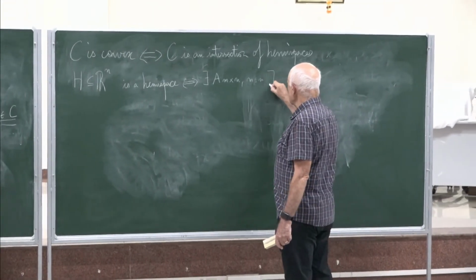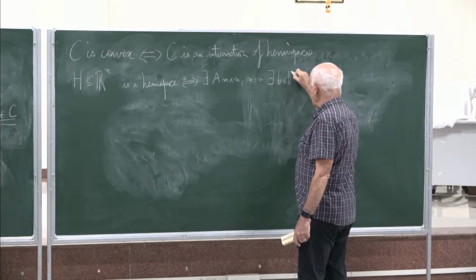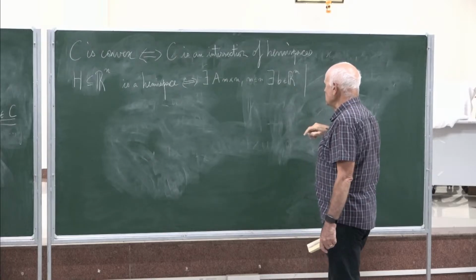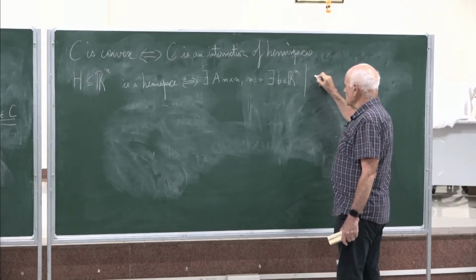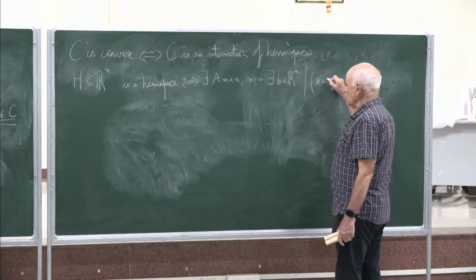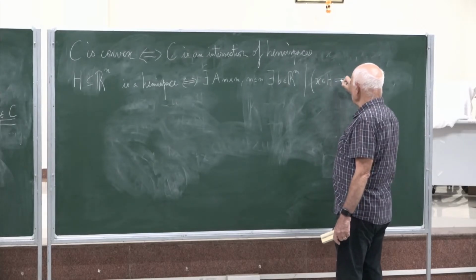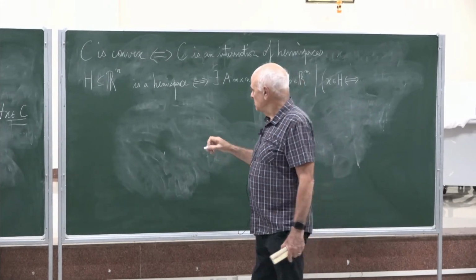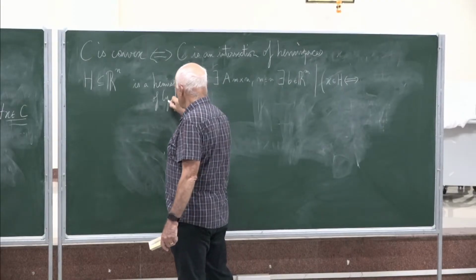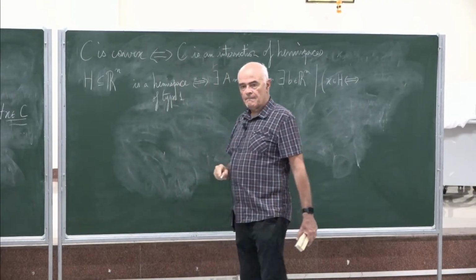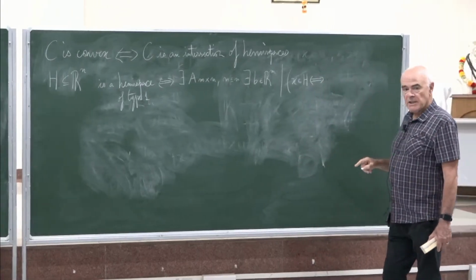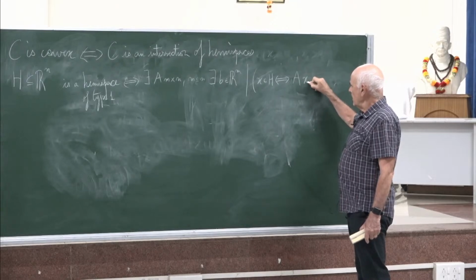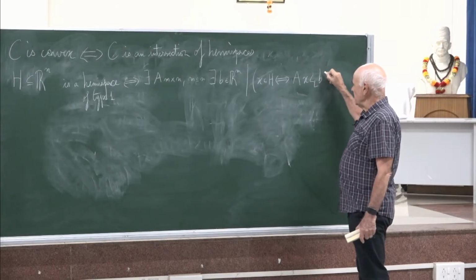And there exists a vector B in Rm such that X belongs to H, let's call it a hemispace of type 1, if and only if AX is lexicographically less than B.